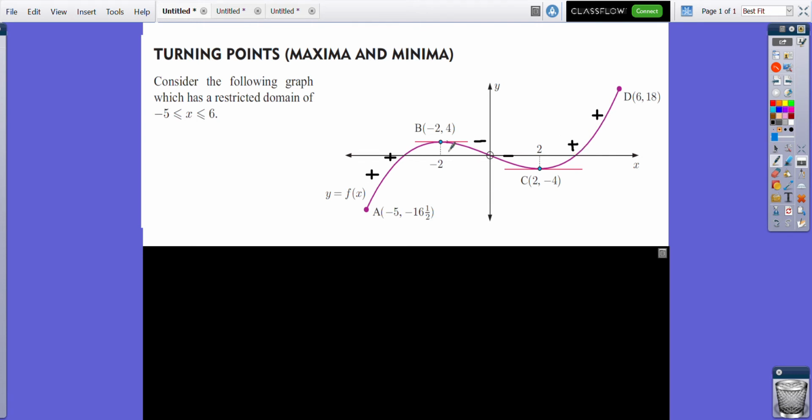But what's important are these points B and C, where in fact the gradient of the tangent is 0. So I'm just going to put some zeros here. And so at maxima and minima, we always get this thing happening where the gradient of the tangent is 0. So if we want to find these maxima and minima, we want to find where is the gradient of the tangent 0, or where is f dashed of x 0.